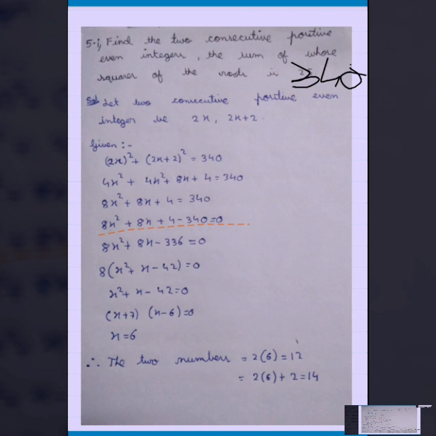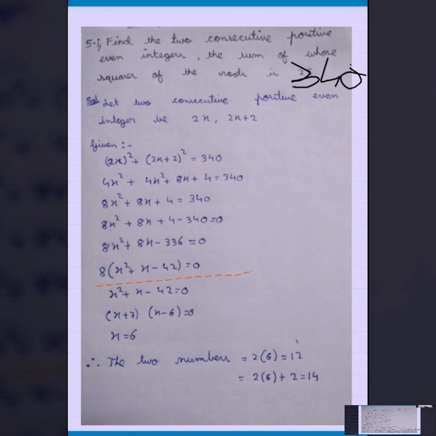Then we get 8x square plus 8x plus 4 minus 340 equal to 0. So that is 8x square plus 8x minus 336 equal to 0. Taking 8 as common, 8 into (x square plus x minus 42) equal to 0.